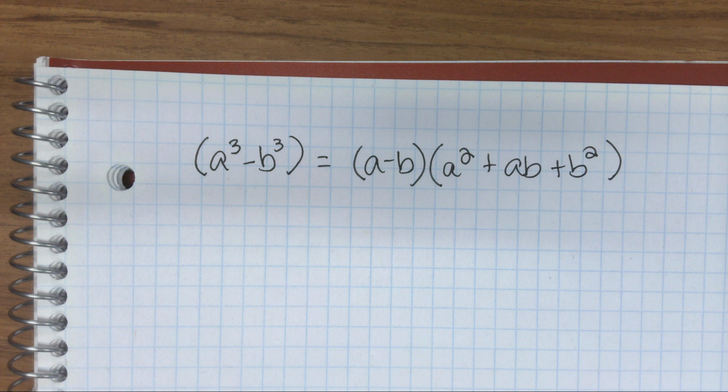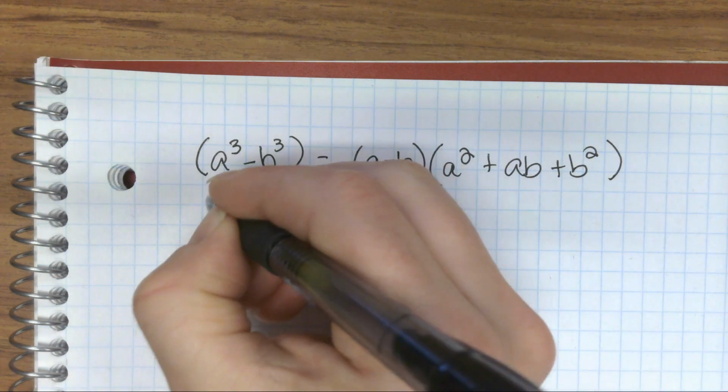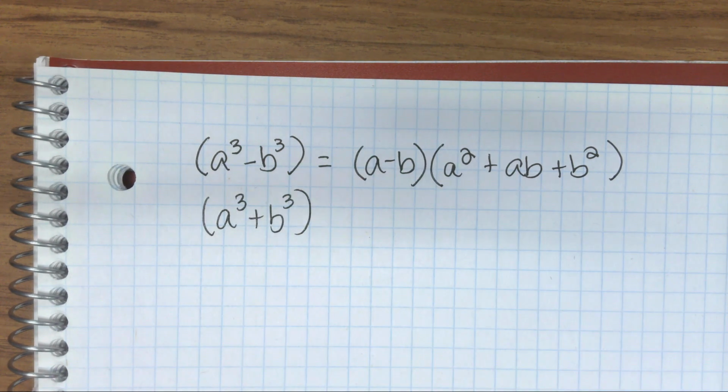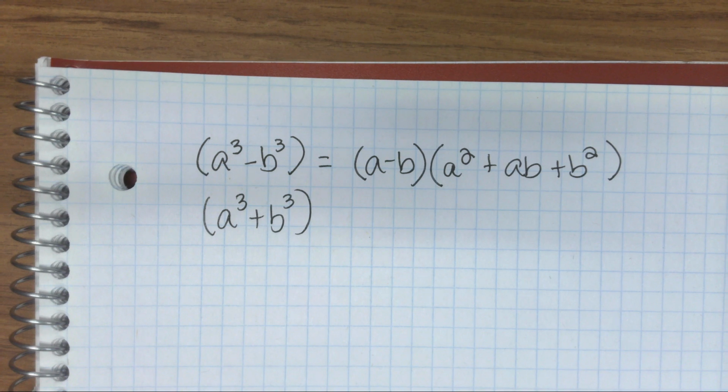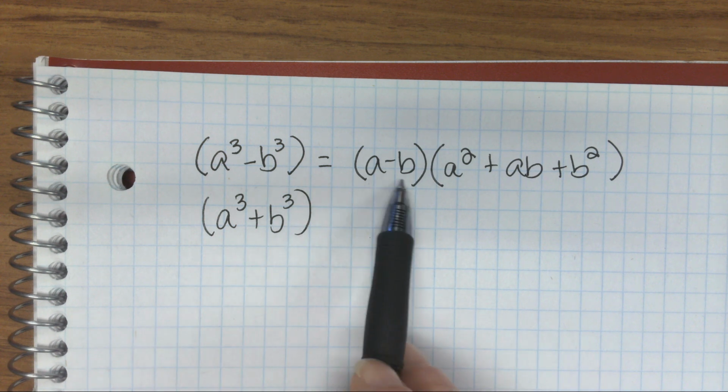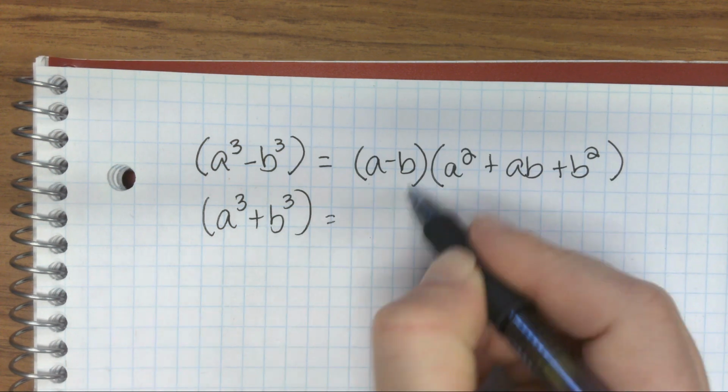Let's do sum of cubes, and then there are 2 questions, and we'll just do one of them together. Now, here's the difference. We cannot factor a sum of squares, like x squared plus 25. You can factor a sum of cubes. The difference with the sum of cubes is out in front, instead of an a minus b, it's an a plus b.